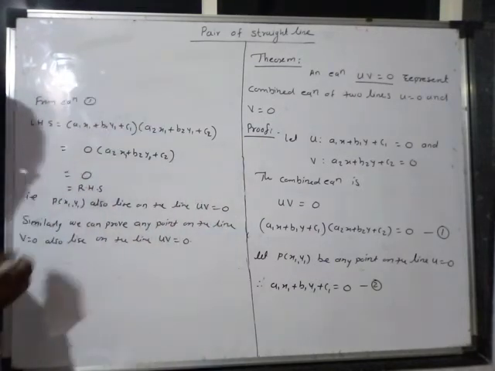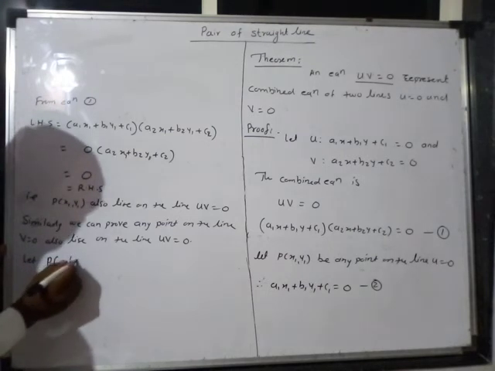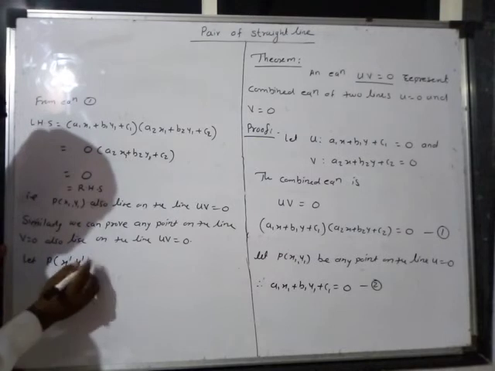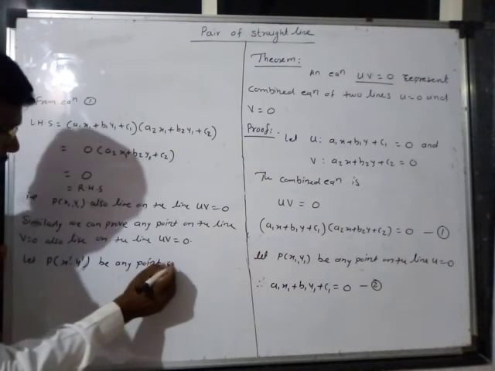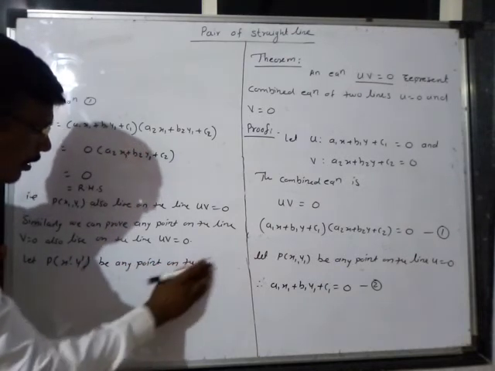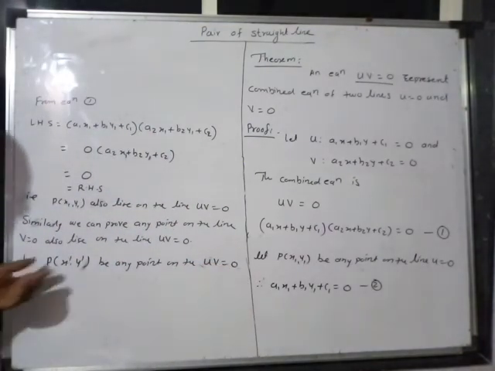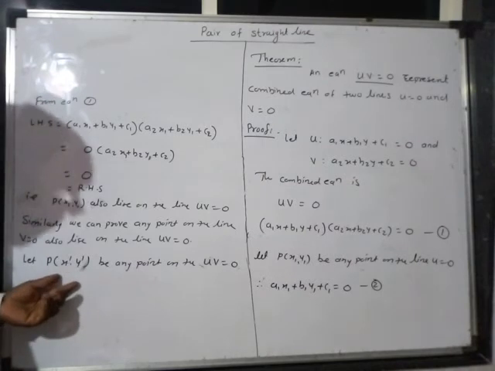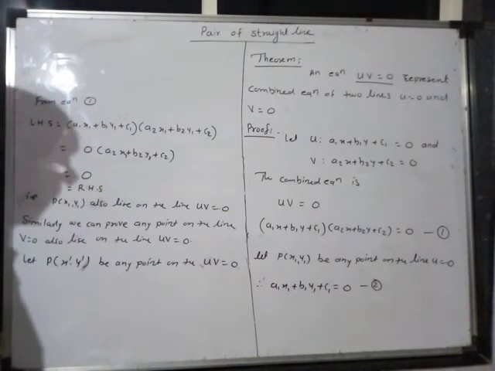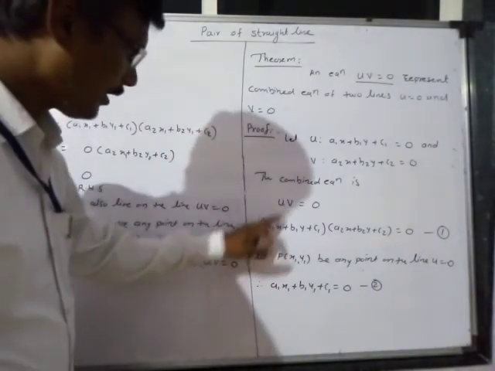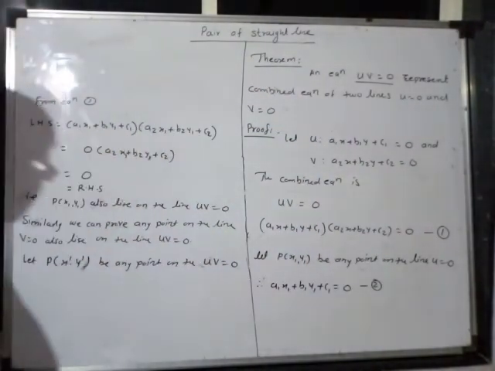Now let us consider, let P(x dash, y dash) be any point on the u into v is equal to 0. समजा p x dash comma y dash हा पॉइंट u into v is equal to 0 वरचा कोणताही मी गृहीत धरला, तर तो जर पॉइंट या u into v is equal to 0 वर जर असेल तर त्यांनी हे इक्वेशन काय केलं पाहिजे, सॅटिस्फाय केलं पाहिजे.